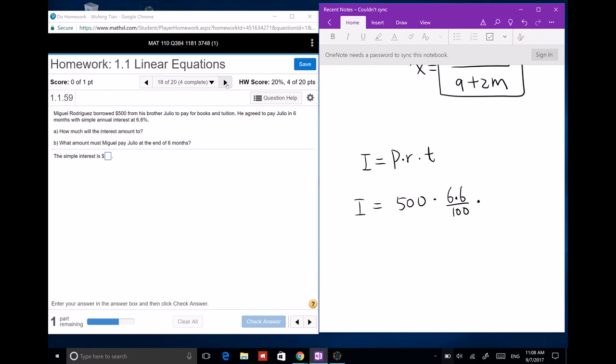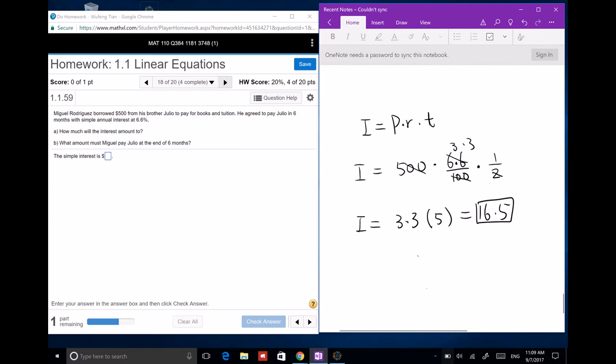Since it's 6 months, T is half a year. You reduce the 100, so it's 5 times 6.6 reduced to 3.3. So it's 3.3 times 5, which is $16.5. So the first answer would be this one.